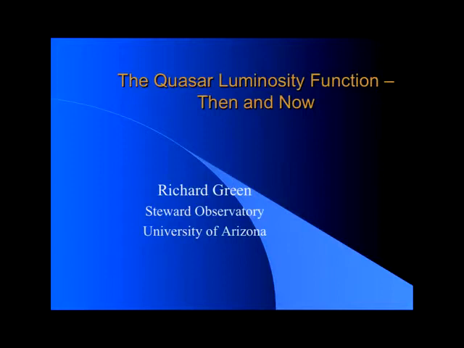So the next speaker is Richard Green, who was a student at Caltech, and Maarten Schmidt was his advisor, and he graduated in, when? 1977. And he worked on quasars and white dwarfs, dwarf stars, luminosity functions, and so on.